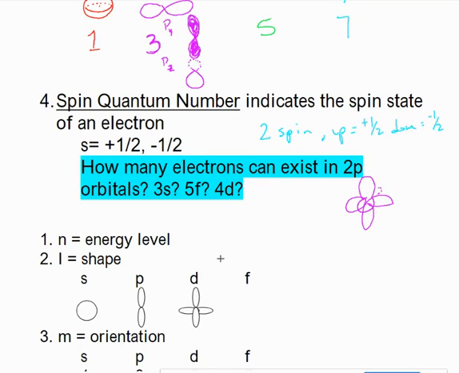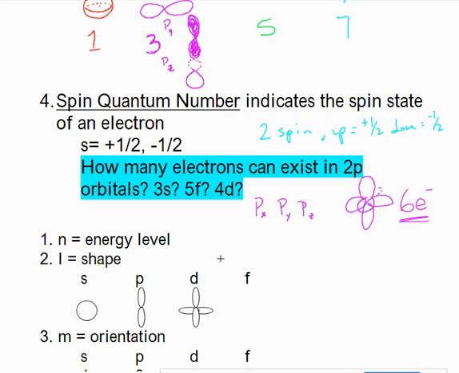Every orientation, so px can hold 2 electrons, one spin up and one spin down. py holds 2 electrons, one spin up and one spin down, and pz also holds 2. So the total for all of these p orbitals combined is 6 electrons. It doesn't matter what energy level the p orbitals are from, so 2p or 3p or 5p, any p orbitals will always hold 6 electrons.